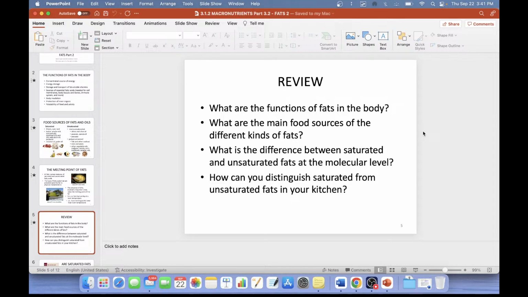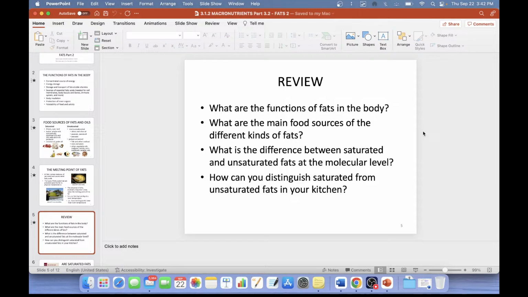What were you trying to say? Yeah. That would be incorrect. It's the prevalent type of fatty acids that they contain. So even a saturated fat will contain double carbon bonds because it will contain some unsaturated fatty acids.